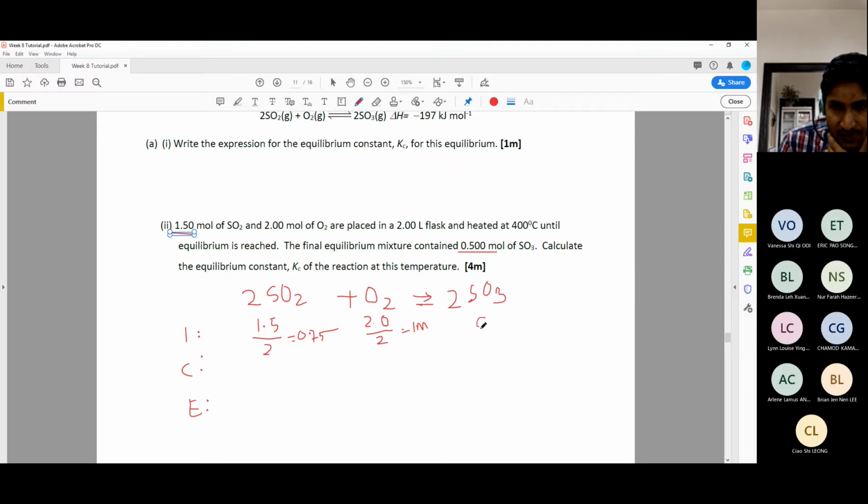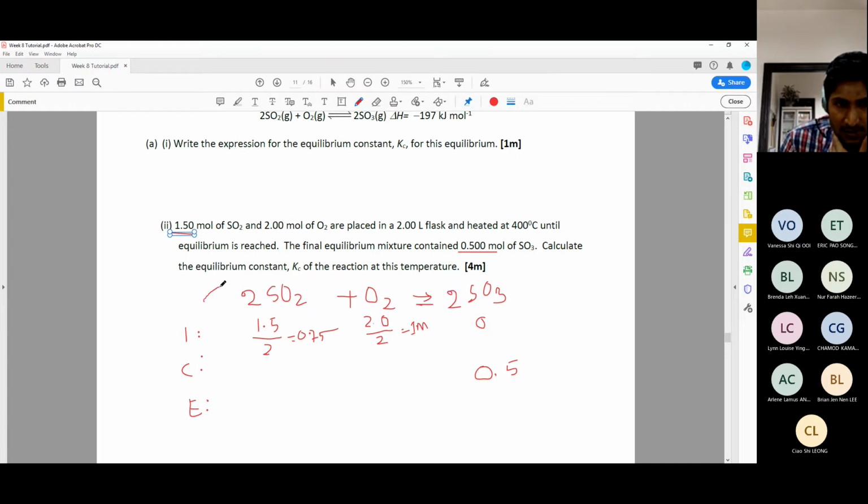Initially there is 0. At equilibrium we do not know the change yet, but we see that there is 0.5 moles of sulfur trioxide. We can roughly estimate from oxygen, but it is best that we estimate it from the same number of moles, because this is 2 moles, this is 2 moles as well.